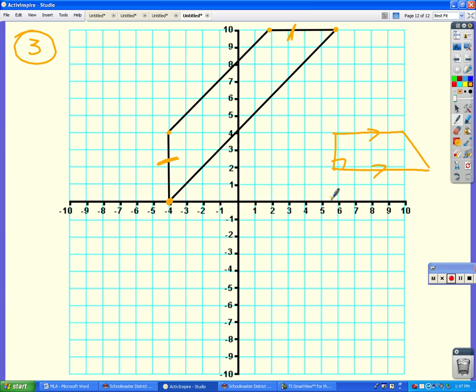An isosceles trapezoid. Just like an isosceles triangle has two equal sides, an isosceles trapezoid has two equal sides as well. So that's an isosceles trapezoid. That's the answer. We don't have to do 4. No, let's not do 4.